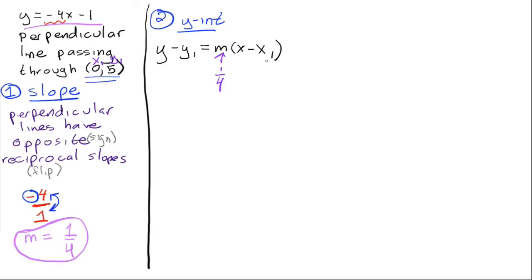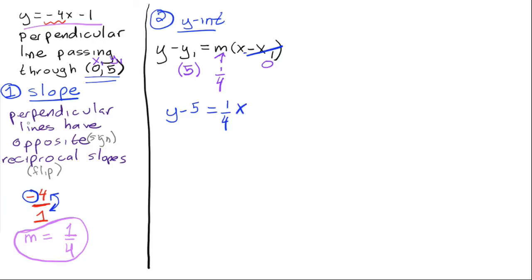We have our x1, y1. So x1 here is 0, y1 here is 5. And so then if we put all that in, we would end up with y minus 5 is equal to 1/4. But notice this is 0, so this right here is not going to affect anything, so it's just 1/4 times x.